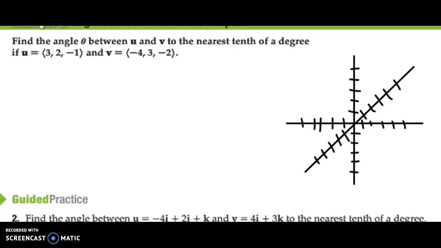Alright, so if I was going to graph the first one, u, I'd go forward 3, over 2, and then down 1. Okay? So that's u. And now I can find v, which is back 4, over 3, and then down 2.